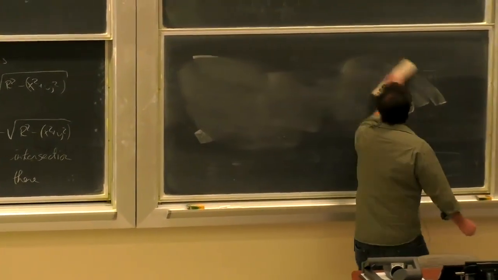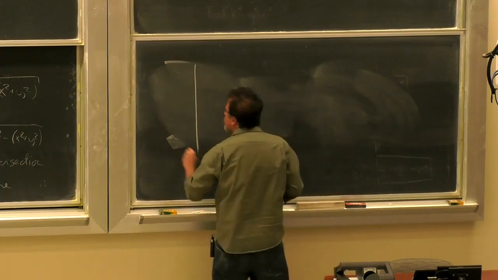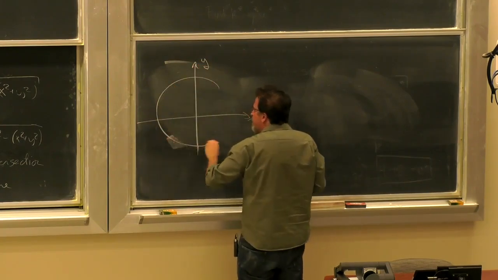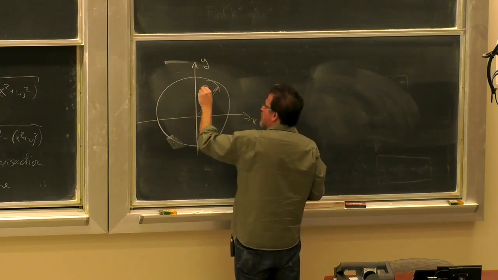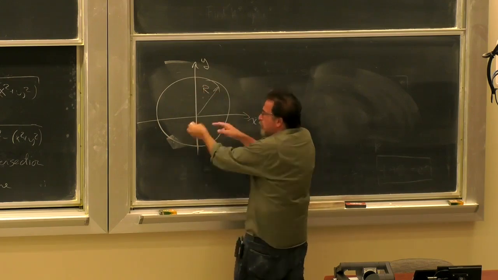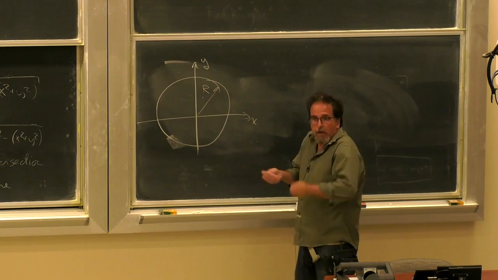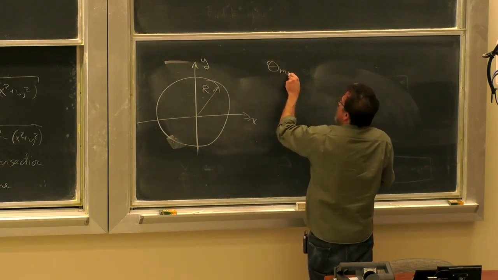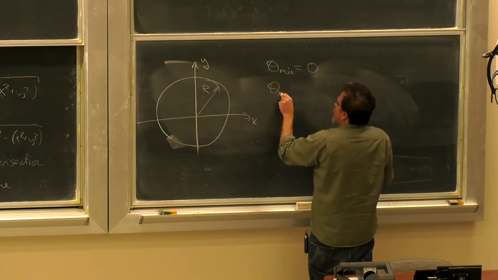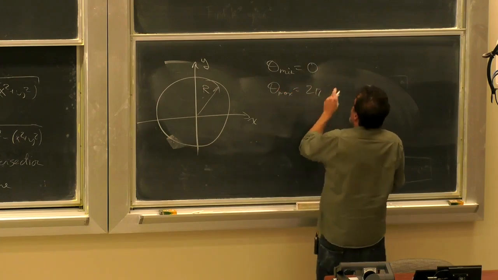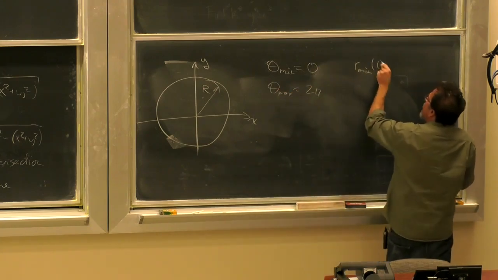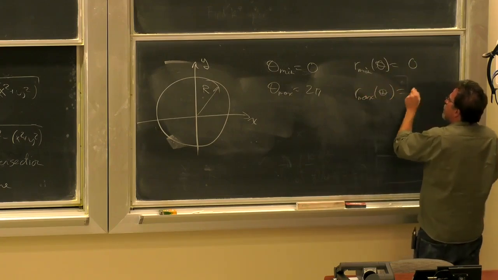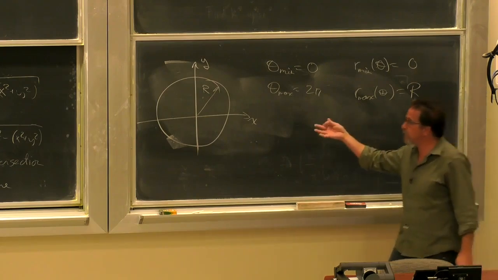It's the disk. So in the xy plane, we have a disk of radius capital R. And so you do your shooting method, et cetera, but I hope you've got adept enough now that you realize this has theta min equal to 0, theta max equal to 2 pi, r min of theta equal to 0, and r max of theta equal to capital R. We've done examples over the disk.